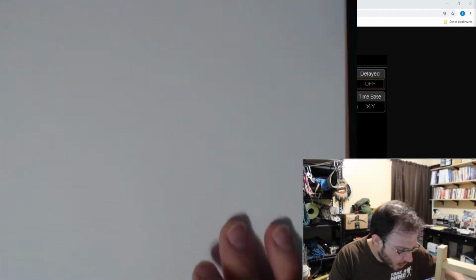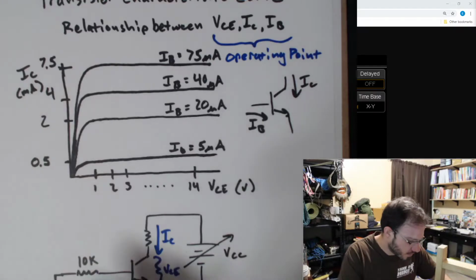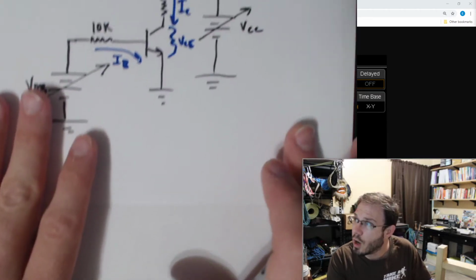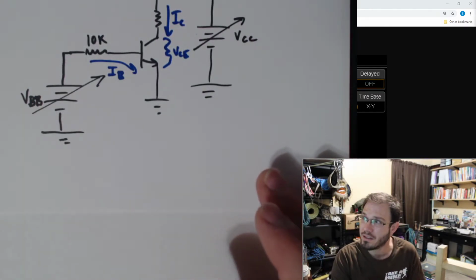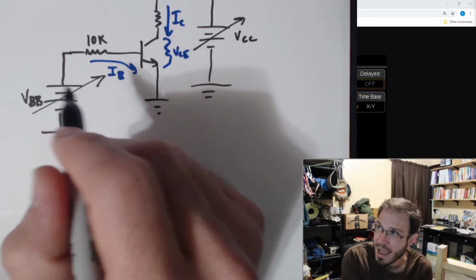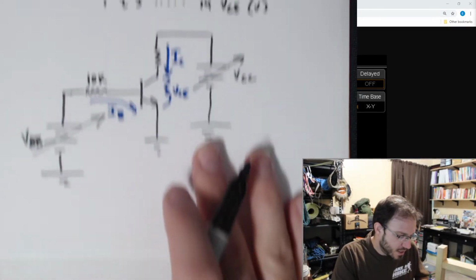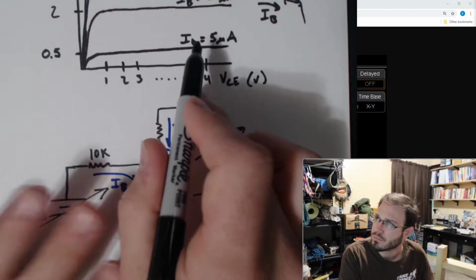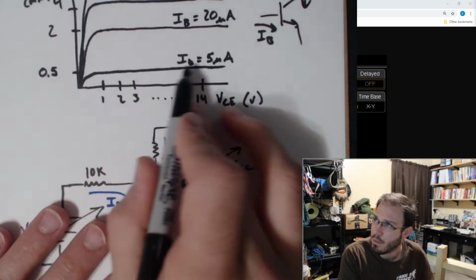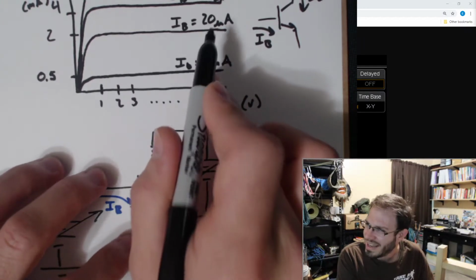So let's just quickly go over the procedure to generate this characteristic curve. The first thing we actually want to do, since we are drawing a curve for a specific base current, is we want to set the base current to be a static constant value. So we want to pick a VBB that gives us a specific base current, so that we always have, say, something like 5 microamps or 20 microamps of base current running into our transistor.